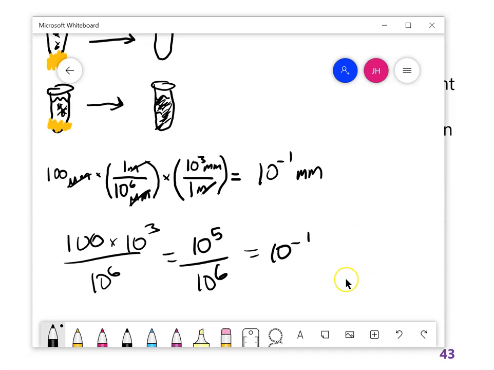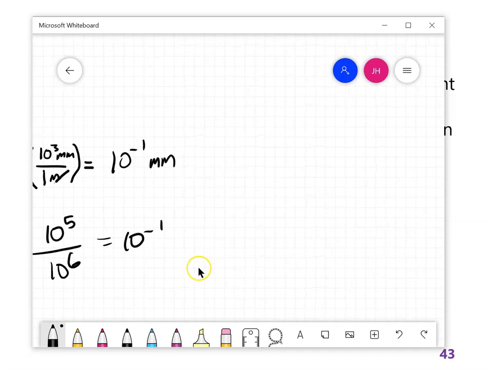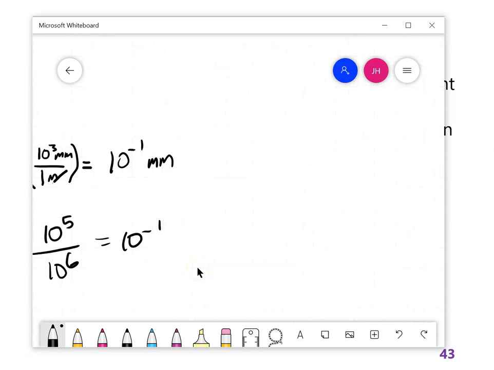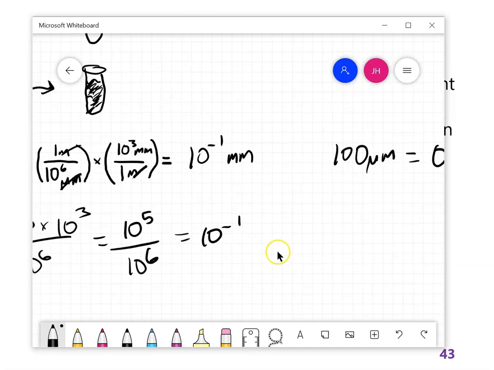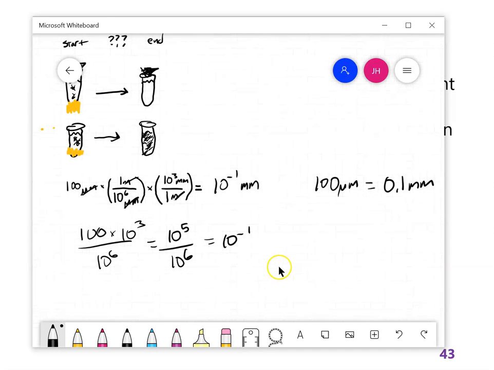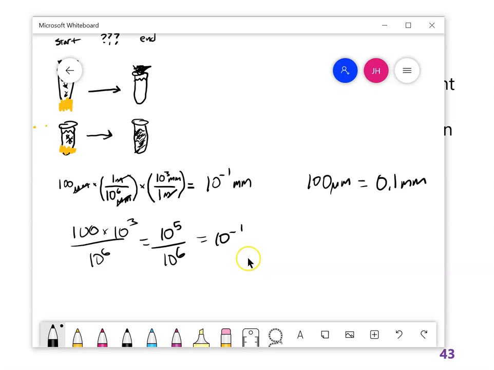Now, if that doesn't mean anything to you, there's another way we could write it, which is 100 micrometers equals 0.1 millimeters. Okay? That's all I wanted you to be able to do. That's something you should definitely be able to do.